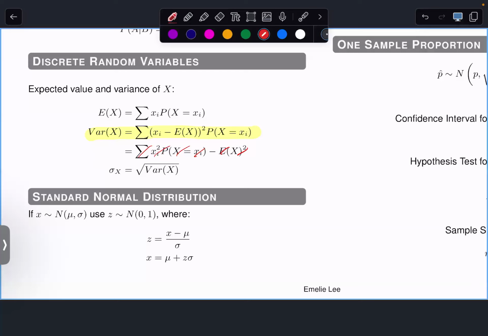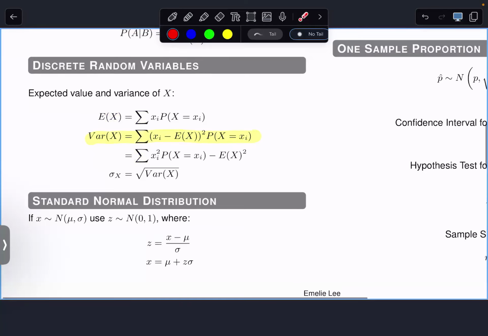If you like the second version better, go for it. What would you do? You'd square each of those X's, 1 squared, 5 squared, 10 squared, 0 squared, multiply by its probability, each individual probability, and then subtract the overall expected value squared, 0.81 squared. And then, of course, the standard deviation is just the square root of the variance.